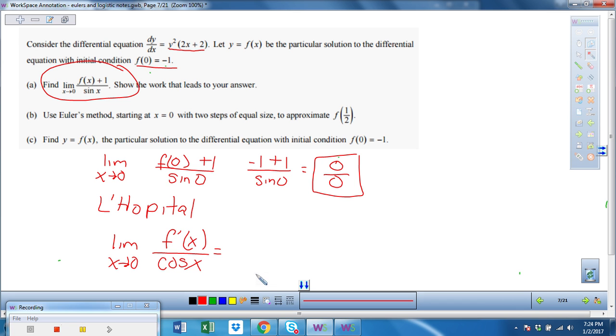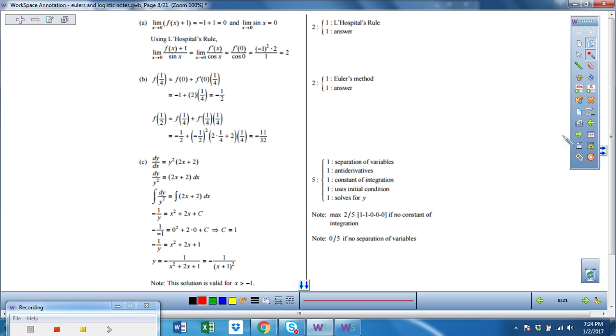So y here is -1, x is 0, all over 1, and that answer is 2. Okay? And then they use Euler's method, so I'm going to show you the answer, and hopefully you got the same answer. If not, you can message me, and we'll talk about it.